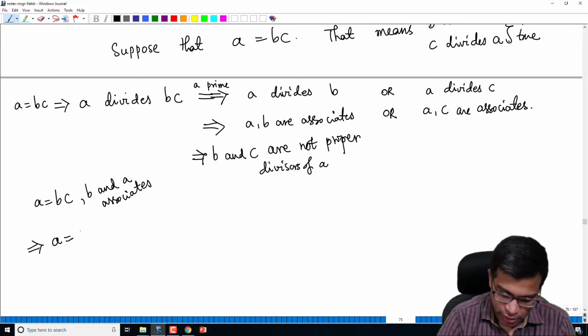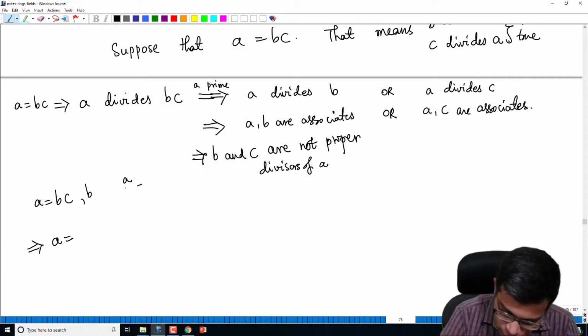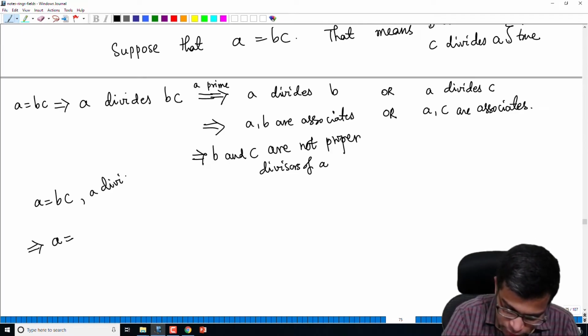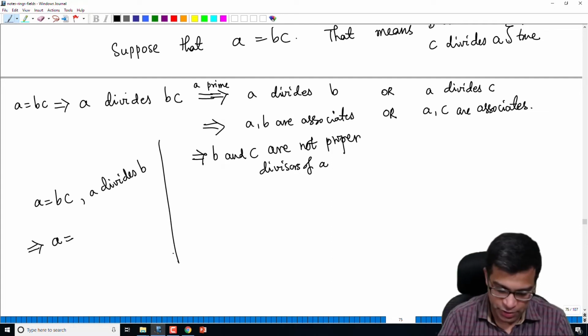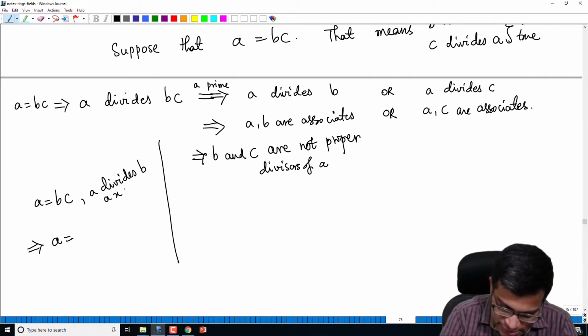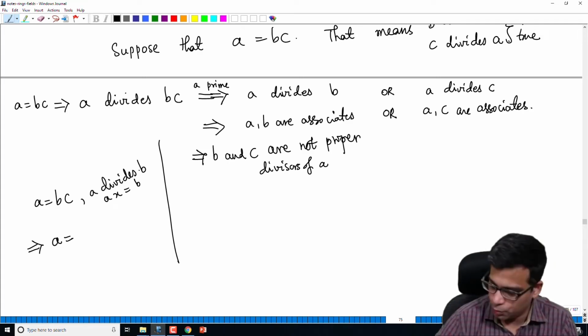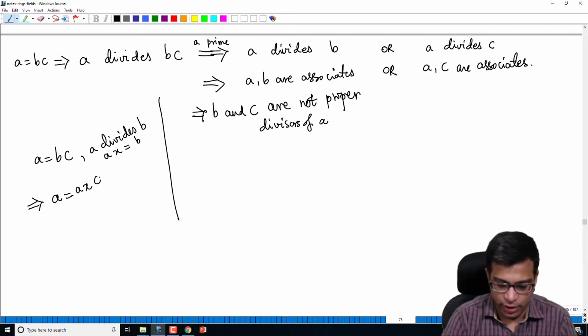B also divides A. I'm assuming A divides B, so I should write A divides B. So I'm just working out what happens if A divides B. That means AX is equal to B, right? A divides B means there exists some X such that AX equal to B. So if AX equal to B, I can replace this as AXC. B is equal to AX, so AXC.